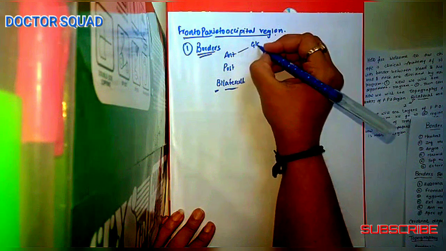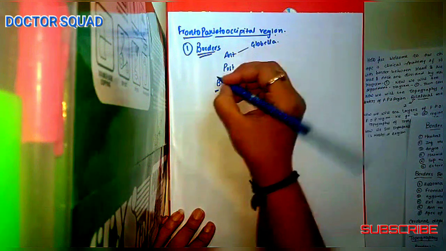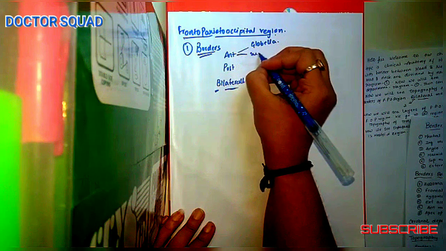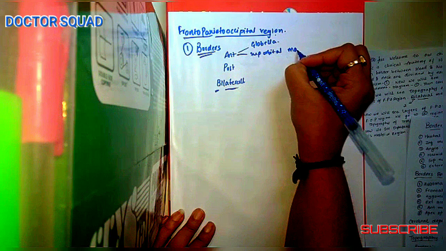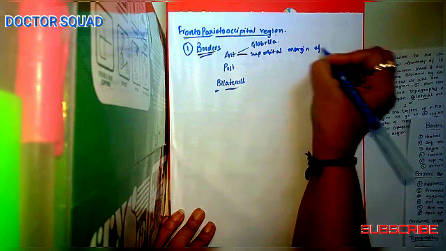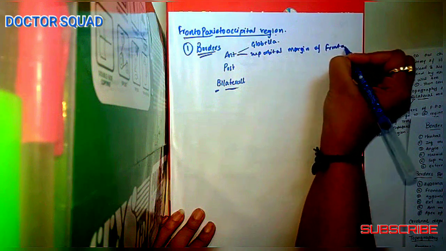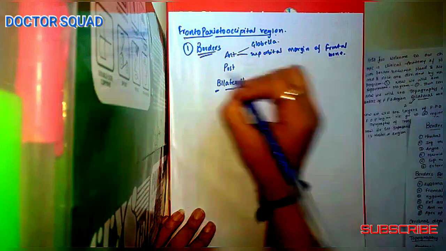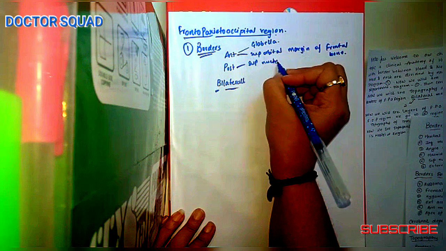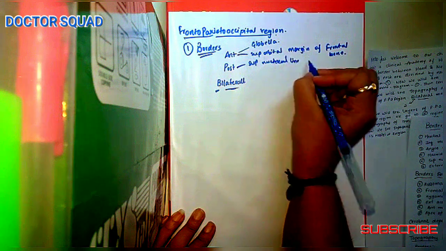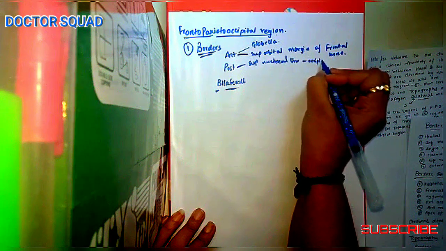Anteriorly, glabella and the superior orbital margin of frontal bone. Posteriorly, superior nuchal line, which is a part of the occipital bone.